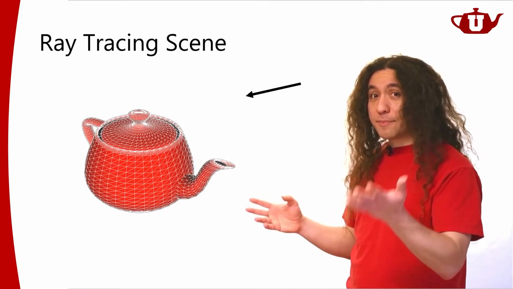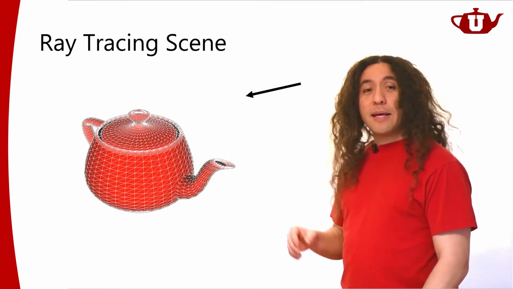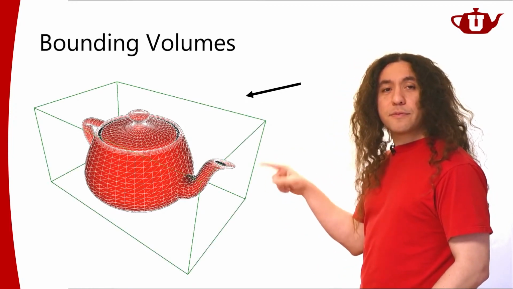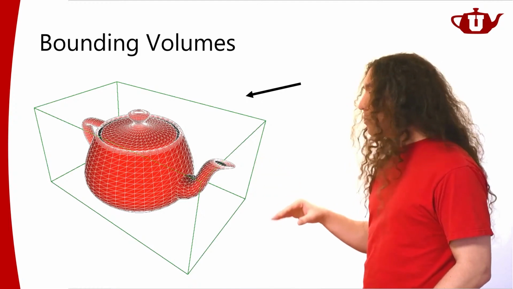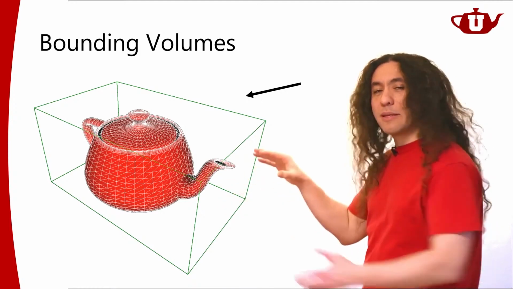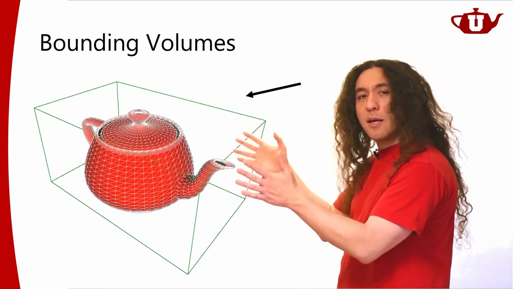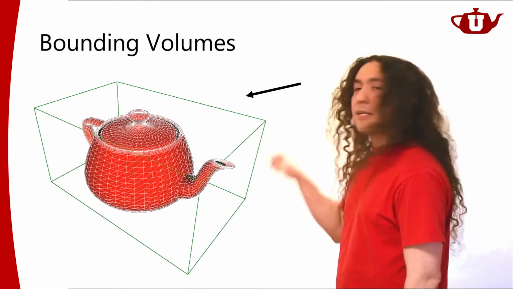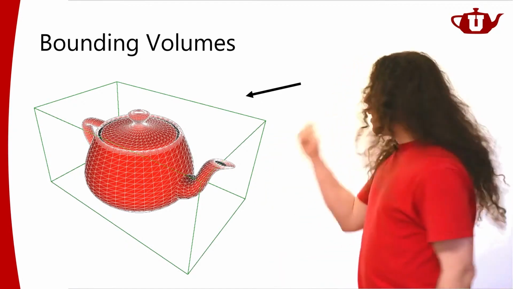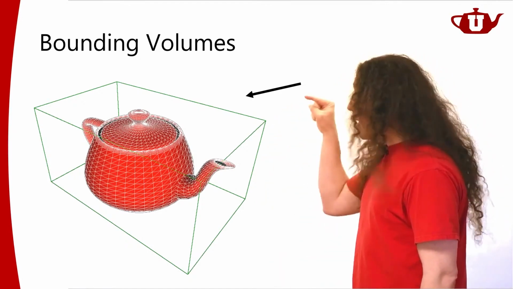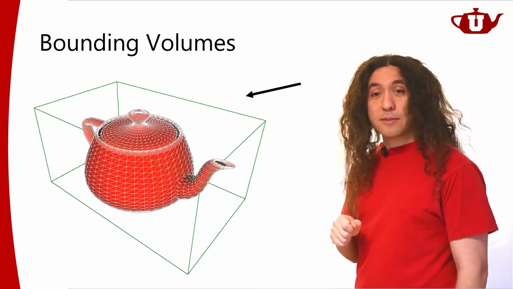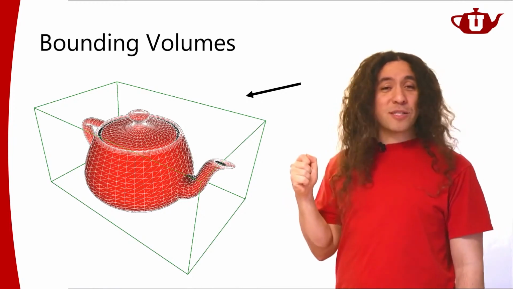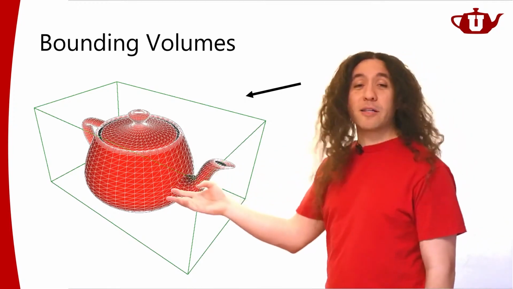For example, if I know the bounding box of this teapot, its bounding volumes. There's a box, the axis aligned box that covers this teapot, and this teapot is perfectly contained inside this box. Now, if this ray does not intersect with this box, there is no chance, not a possibility, that it will intersect with any triangle inside that box.